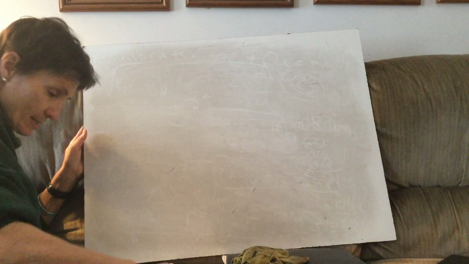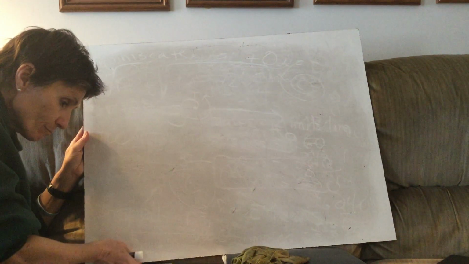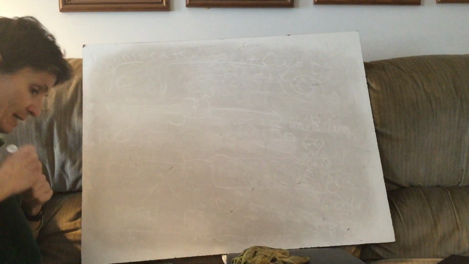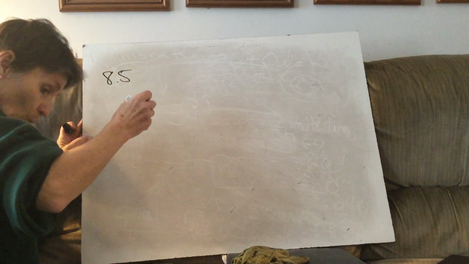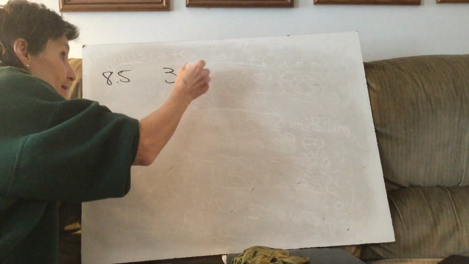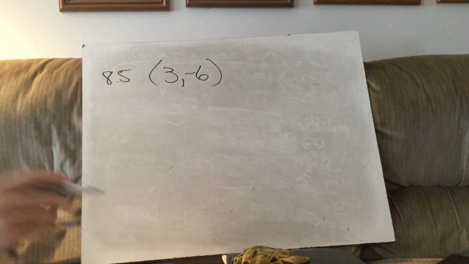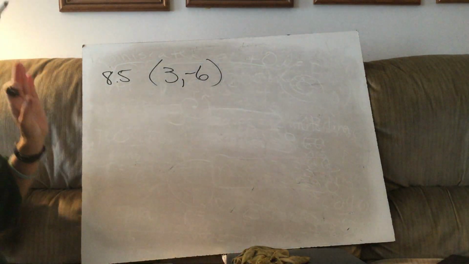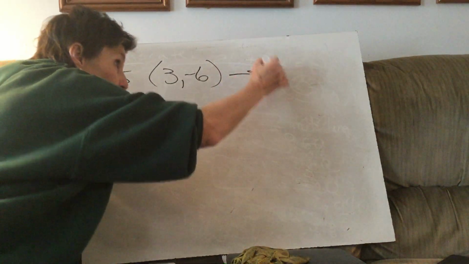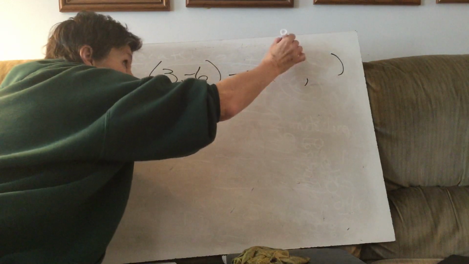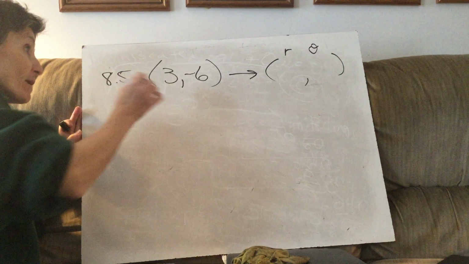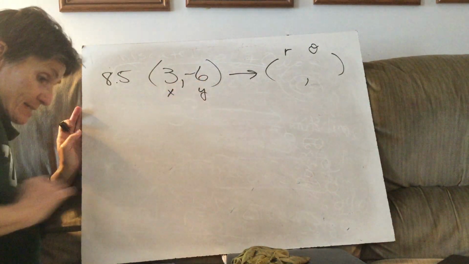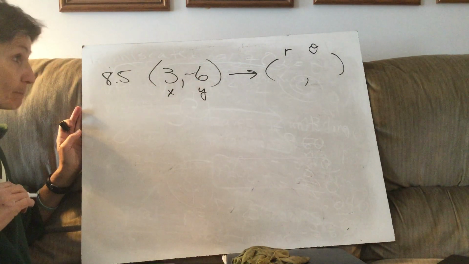Okay, so now we've snuck in 8.5. So 8.5 says find polar coordinates for 3, -6. We're finding polar coordinates, which means we have to find an r and a theta that go with this x and this y.